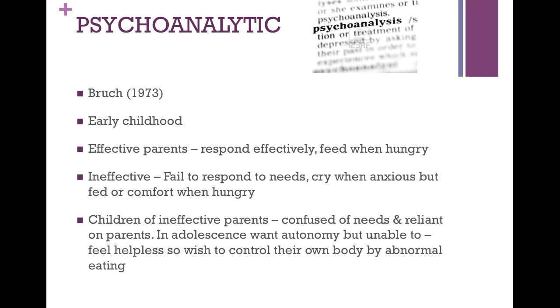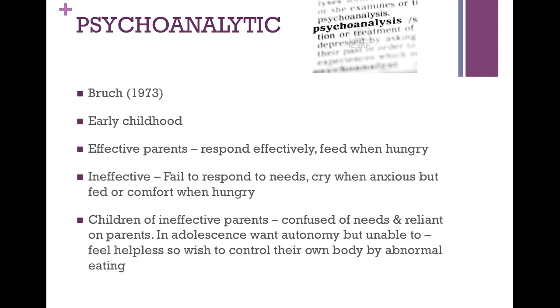They couldn't, I don't know, hold down jobs on their own, or go off and live on their own if they needed to. And so what the theory says here is that they would then turn to their body. They would turn to something that they can control. We all have control over what we put into our body, how much exercise we do, or how little we put into our body, in the case of anorexia.